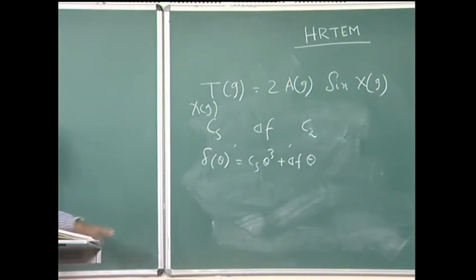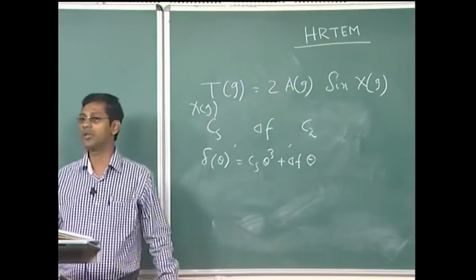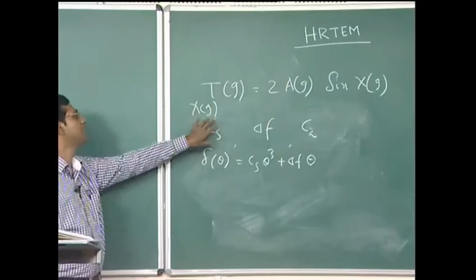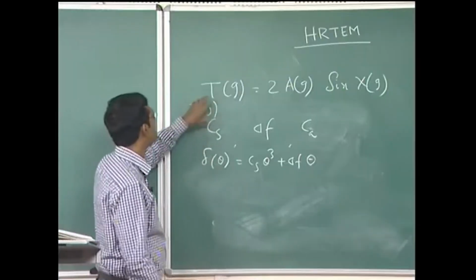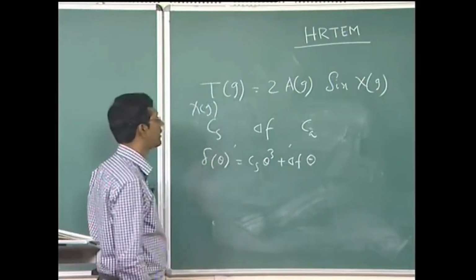Astigmatism can be easily corrected, as in a normal camera also, but these two parameters, Cs and delta f, need to be optimized to have the best value of the transfer function, so that we can obtain very good resolution in the images.